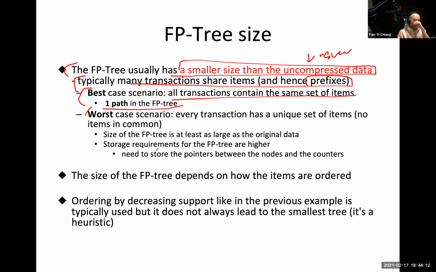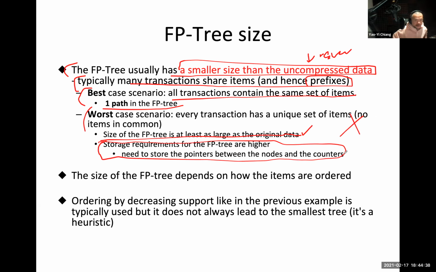Worst case scenario, every transaction has its own unique set of items. There's no shared path. So in this case, your FP tree is at least as large as the original data. However, your storage requirement for the FP tree will be higher because you will need to store the pointers. But this is highly unlikely to happen because many of the paths will share prefixes.